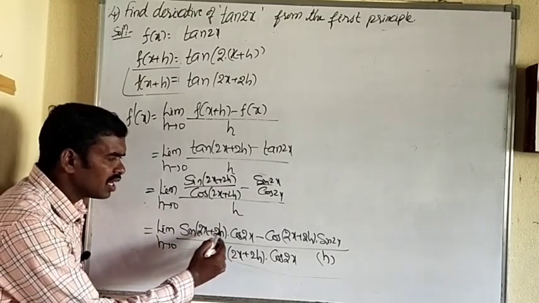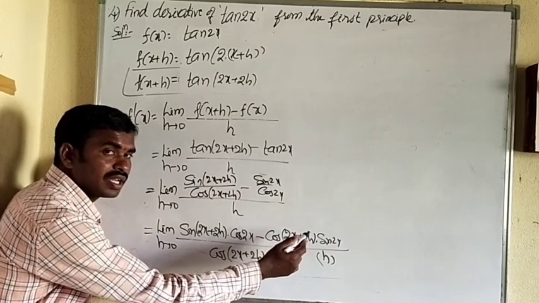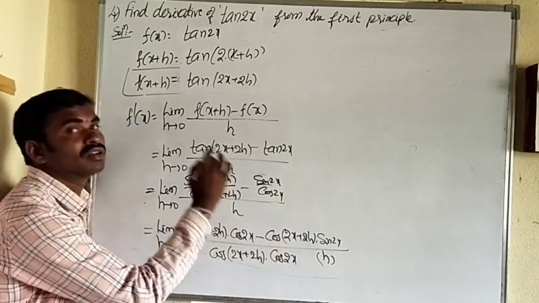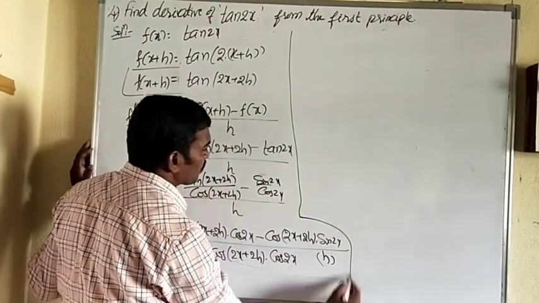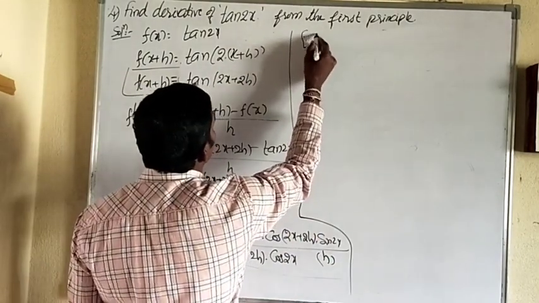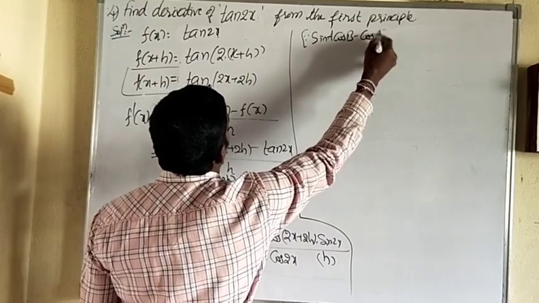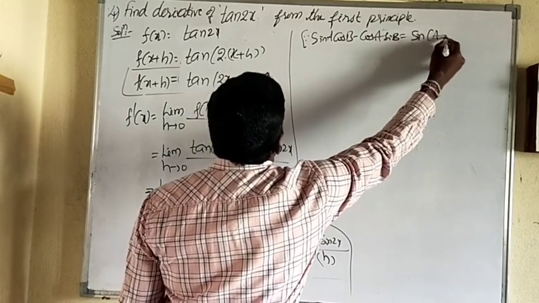Sin a cos b minus cos a sin b. Sin a cos b minus cos a sin b. Very good, the sin of a minus b formula. So sin a cos b minus cos a sin b is equal to sin of a minus b.